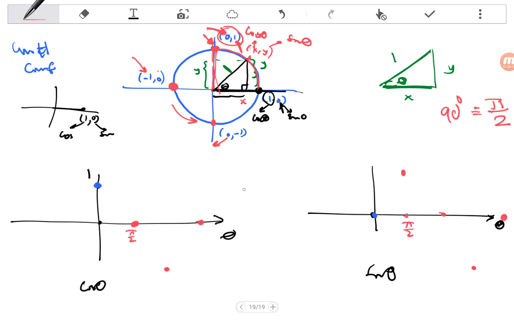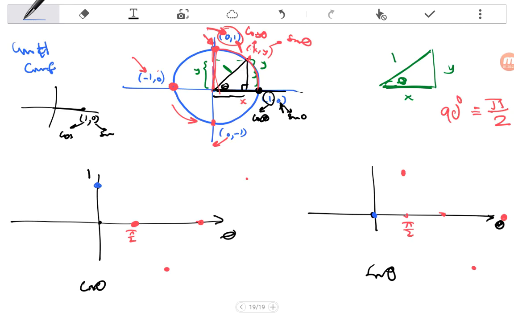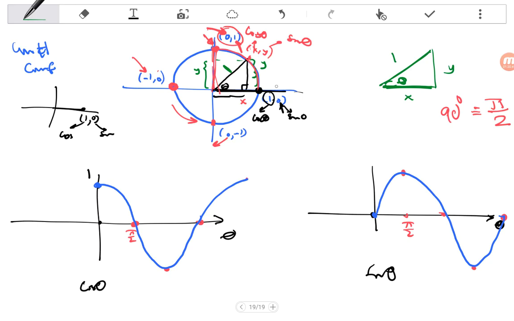If I connect these, the graph of cosine theta looks like this, and the graph of sine theta looks like this. Now what if I make a whole loop like this and continue? I will just repeat myself.